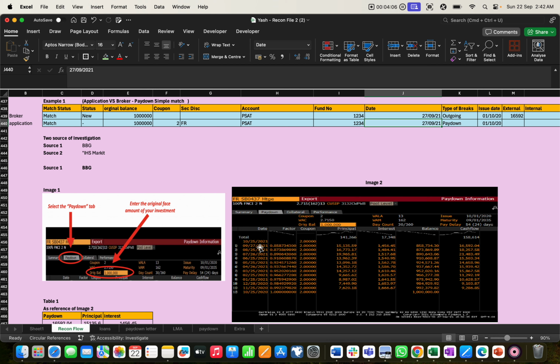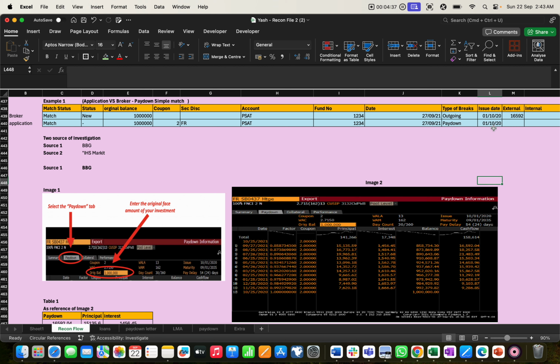The issue date means the date this term loan was established, given to the business. So it is given on 01/10/2020, like when a home loan is issued. This is how we have related this BBG with the above break.